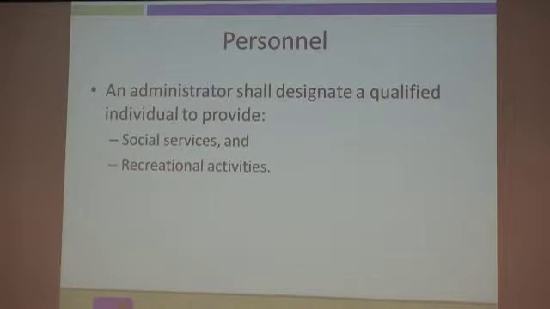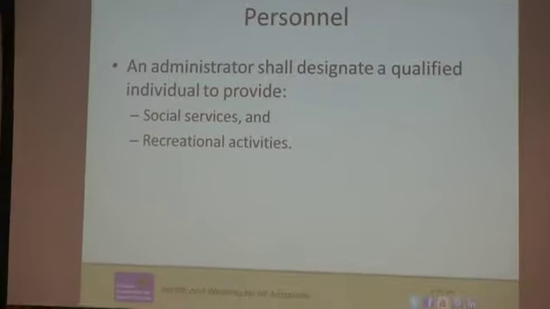The administrator shall designate a qualified individual for social services and recreational services. With this, I would like to clarify that according to the way the rule is written, this seems redundant from R9-10-406.1, which says that the facility identifies the skills, qualifications, and knowledge, as policies and procedures describe all the skills.